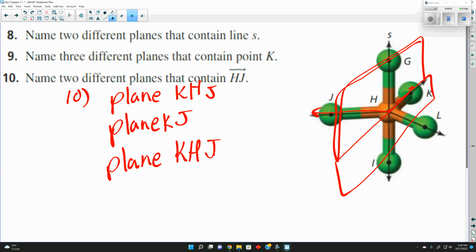Change J and H. Okay, but how does it? Wait, what? I'm so confused. Because what we're doing is HJ is going this way, but the other ones, the plane is not going towards it. Oh, okay.